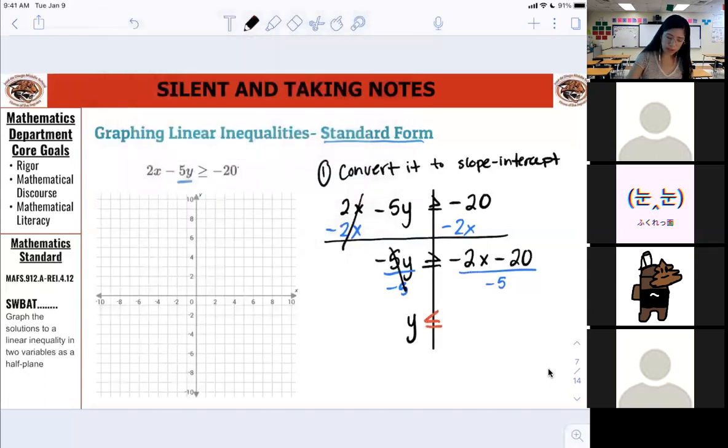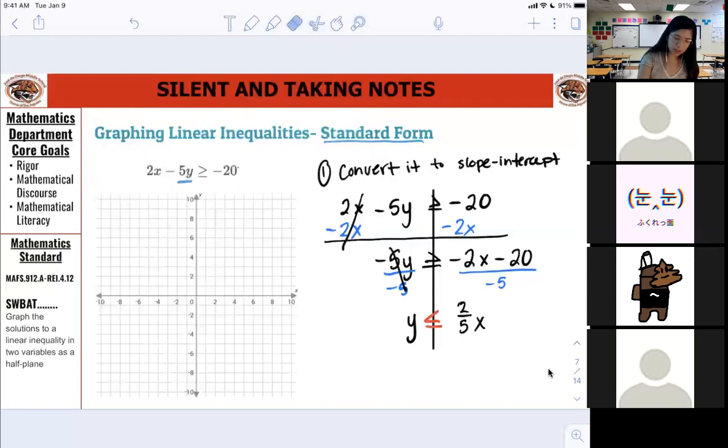And now I just divide everything on the right side. So I know I'm doing negative 2x over negative 5, but that's going to be a fraction anyways. So what should I leave it as? 2 over 5 x. Good. I heard 2 over 5, negative, I mean positive. Sorry, positive. Why is it positive? Because there's 2 negatives. Good. 2 negatives make a positive.